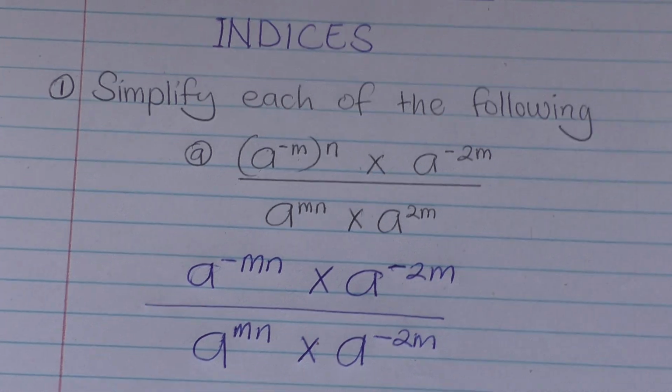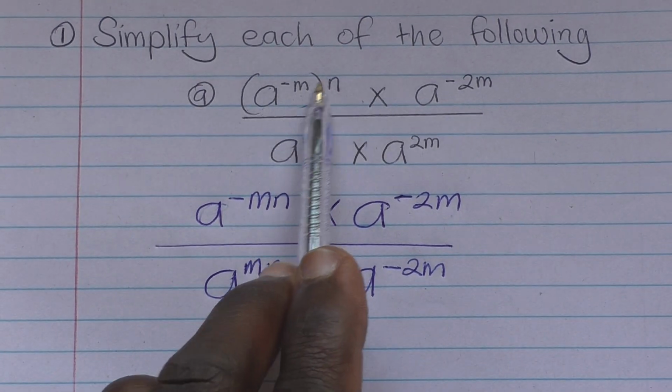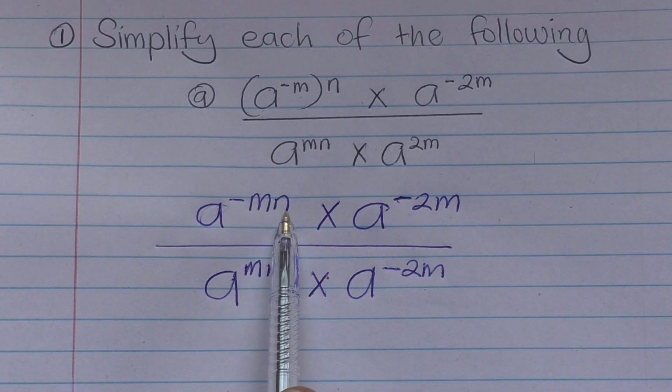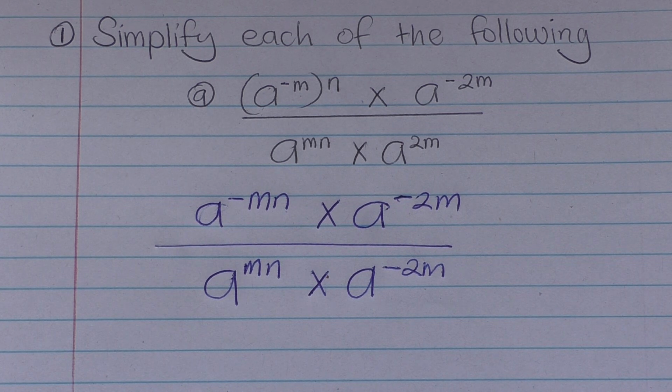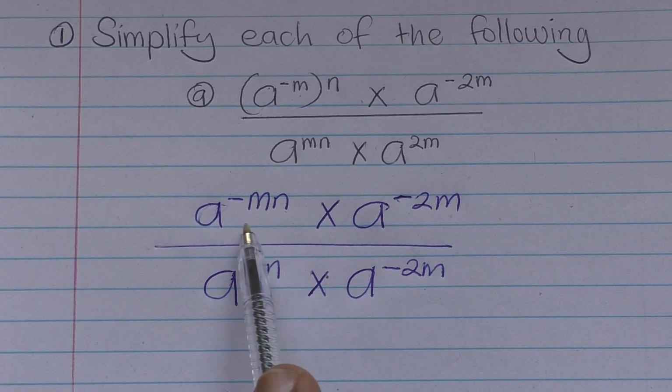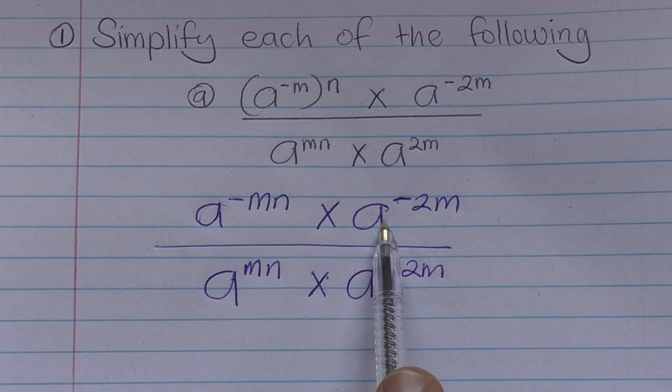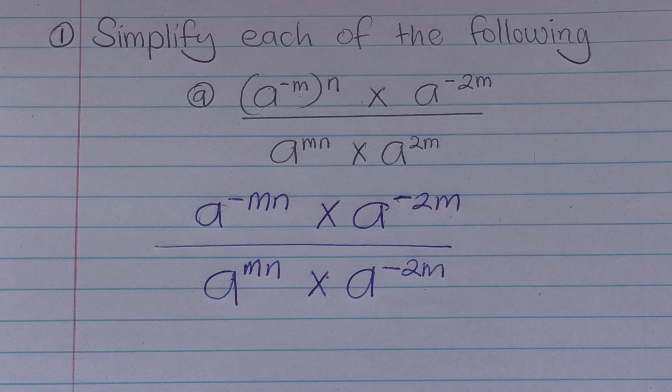So our first step was to first multiply these powers and get this. Then the next step will be applying another law of indices, which says that when I'm multiplying the same bases, I simply add the powers.